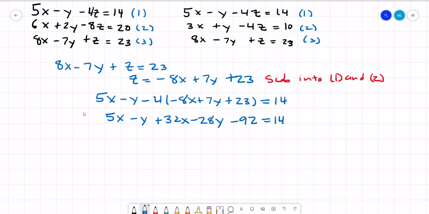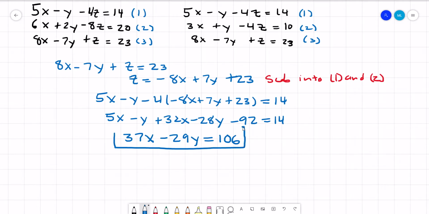You have 37x minus 29y equals, well, 92 plus 14 is 106. So that's equal to 106. Notice that this is giving us the first equation, but in terms of x and y now, which is going to be useful once we get the other equation down to just two variables.